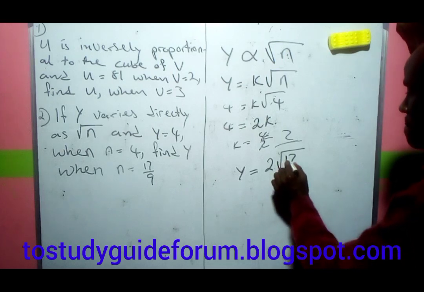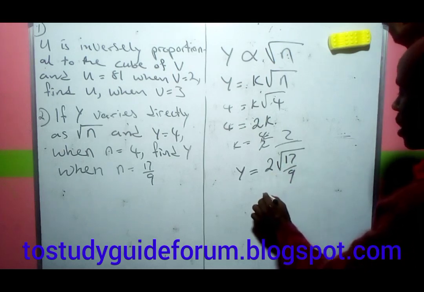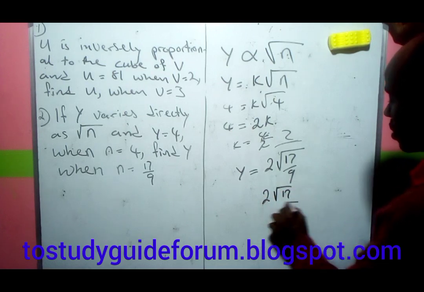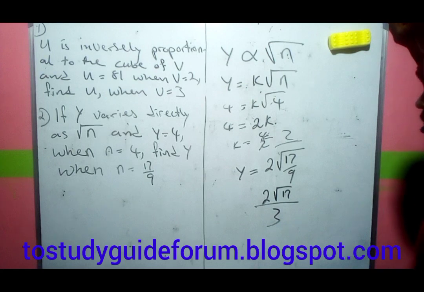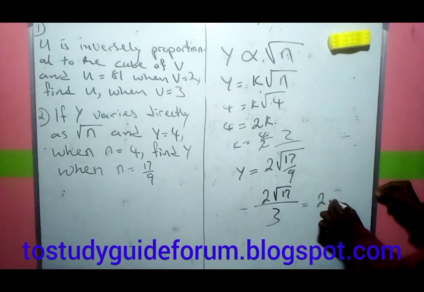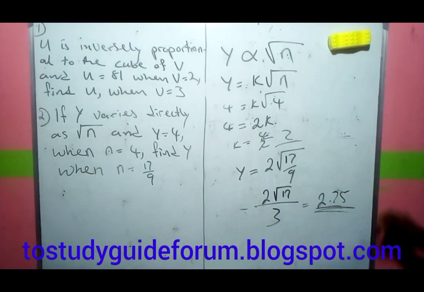The square root of 17 stays, and the square root of 9 is 3. So that means our final answer is 2 root 17 over 3, or we can also break it down to a decimal of 2.75. That is the final answer.